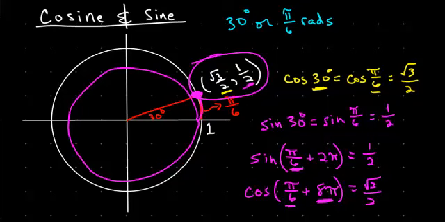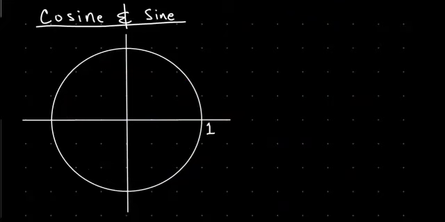Let's look at another one. Let's say we want to do the cosine and sine of a negative 3 pi over 4. So that's going to be -1, -2, -3 pi over 4 right in here.